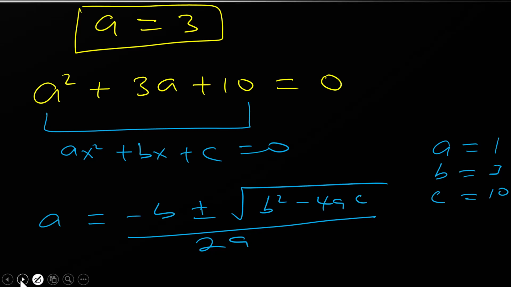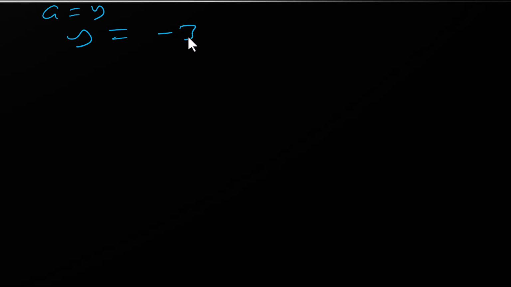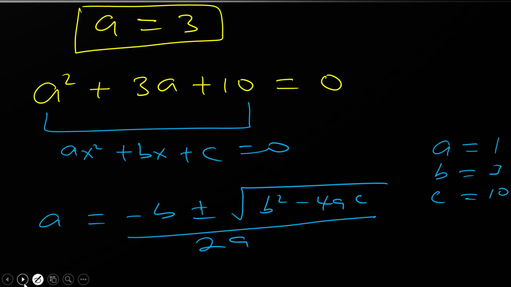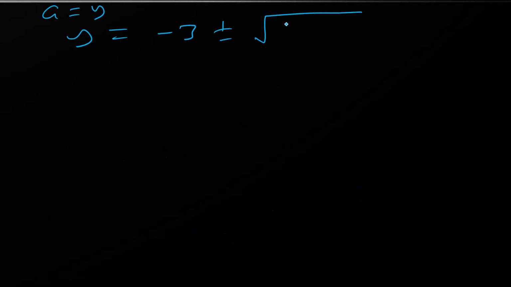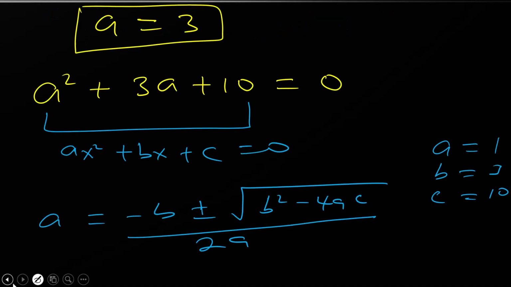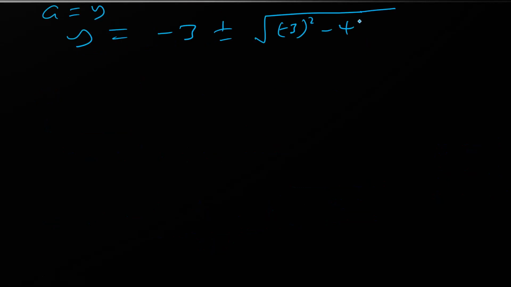So we have minus 3 plus or minus the square root of 3 squared minus 4 times 1 times 10.